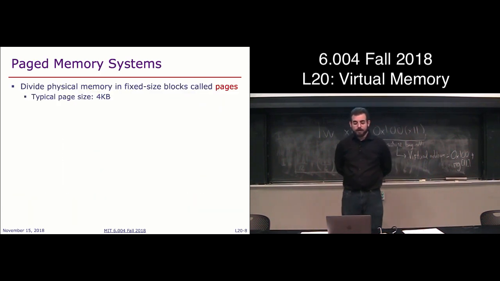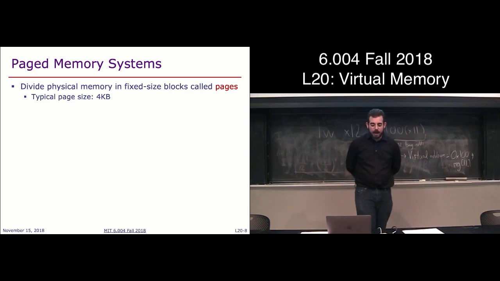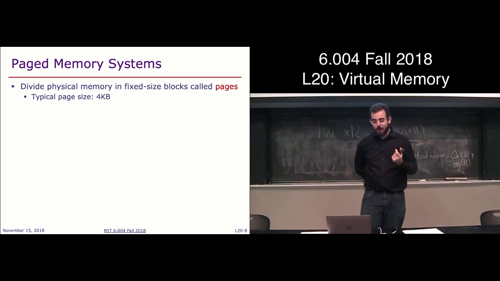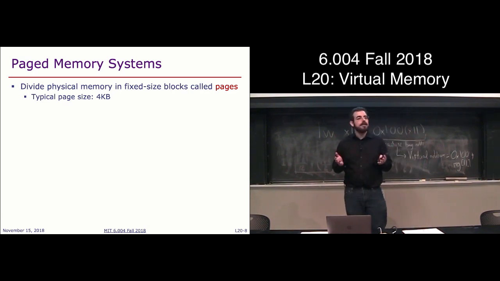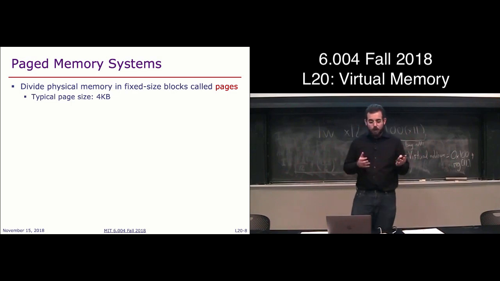Okay, so to solve this problem, we're going to shift to what we call paging or paged memory systems. And so the key idea here is to divide physical memory into a fixed number of fixed size blocks that we call pages. And these pages are reasonably small. Typically, page sizes are 4 or 8 kilobytes in most systems.